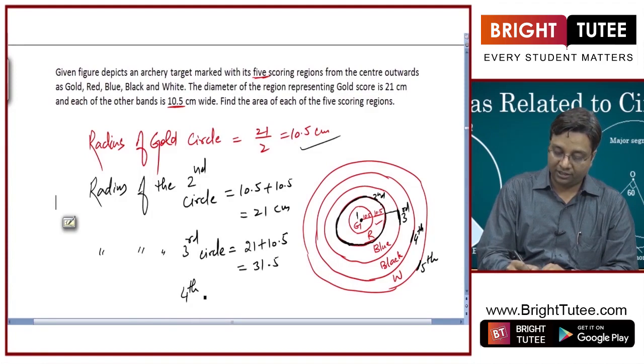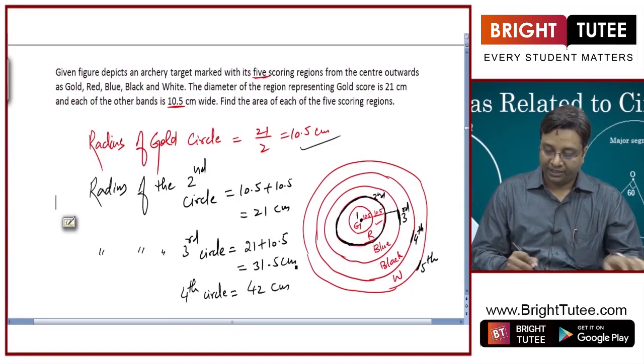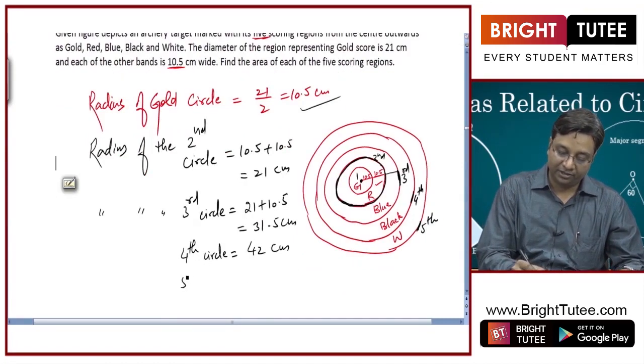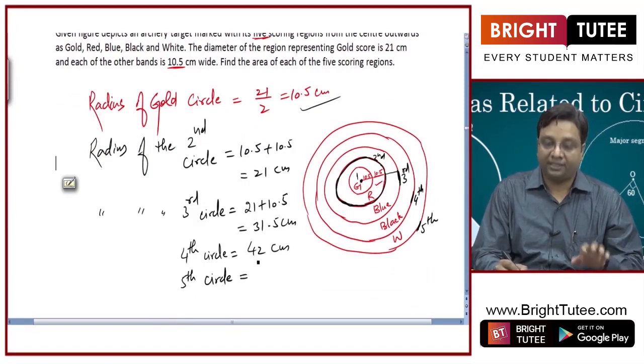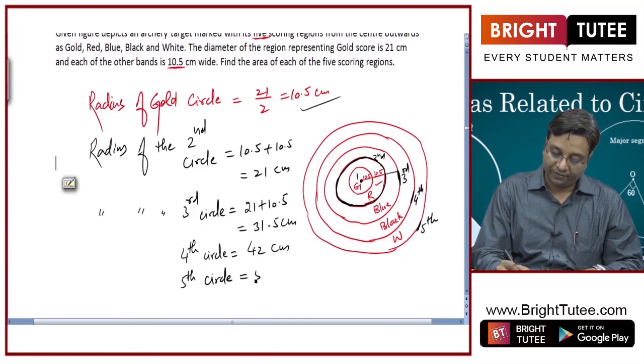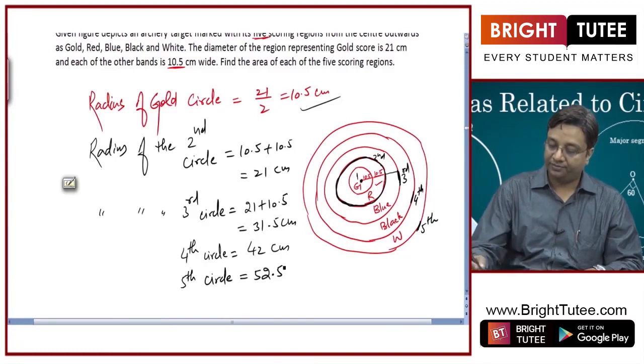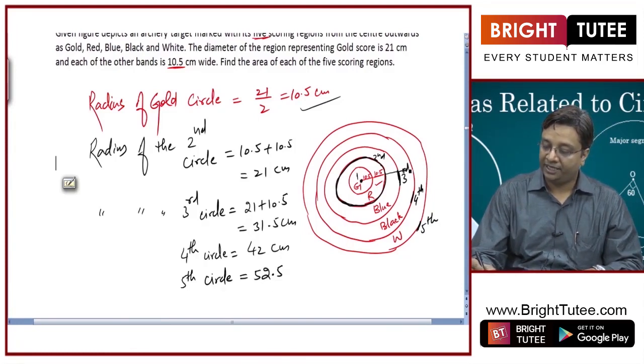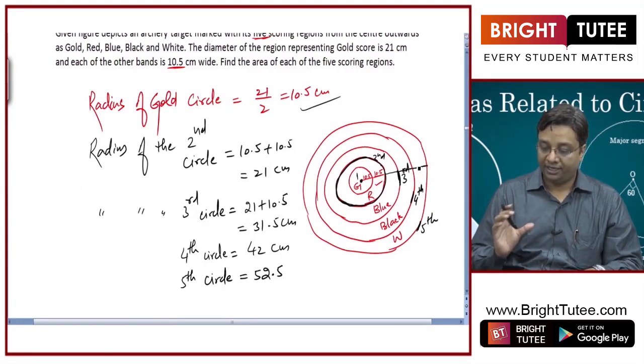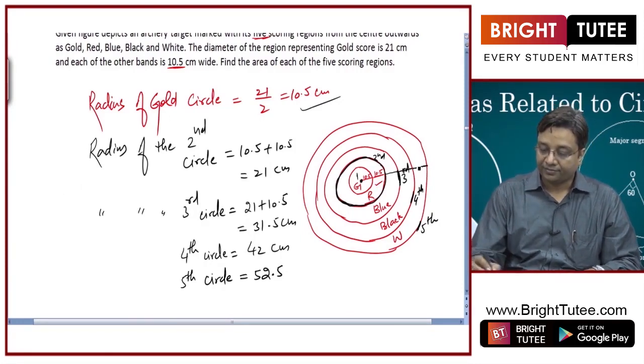And radius of fourth circle, add 10.5 in it, 31.5 plus 10.5, 42 centimeter. Similarly, you can find the radius of fifth circle, which is 42 plus 10.5, 52.5, right? You keep adding these widths to get the radii of these circles.